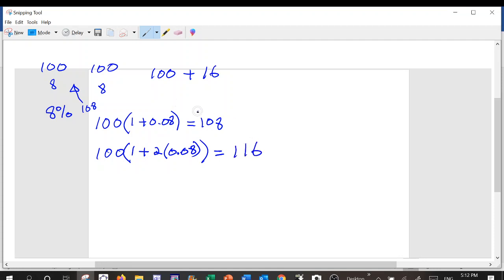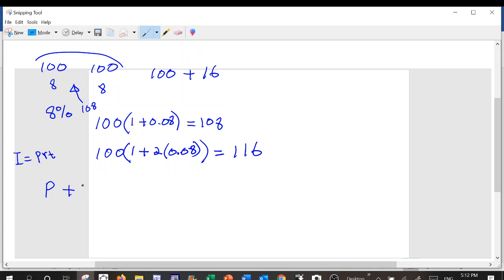So to get the total, we start with the principal and add whatever interest I owe you after 2 years. You don't stop in the middle and calculate the interest. So it would be the principal plus the interest. But what is the interest that I owe you? Interest would be the principal times the rate times how many years.